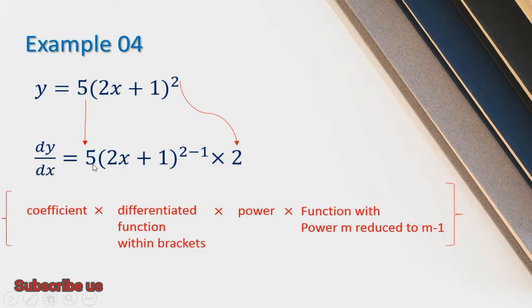Here number 5 is the coefficient. Then (2x plus 1) to the power 2 minus 1 gets the differentiated function of the expression within the bracket, number 2, and the power. Next, the function with power m is reduced to m minus 1.